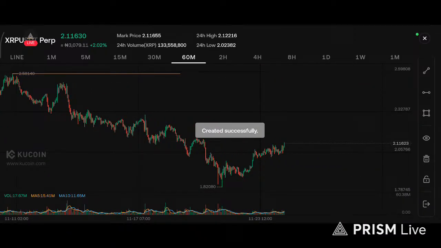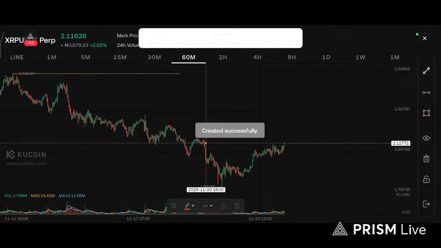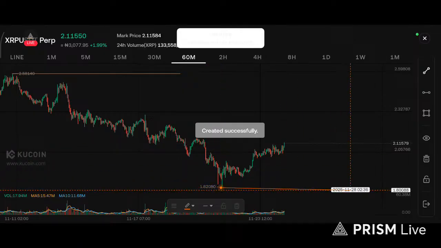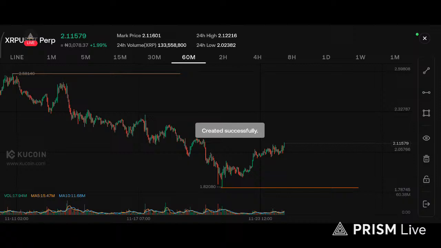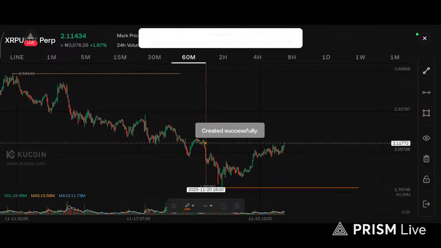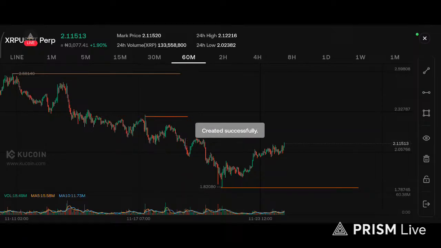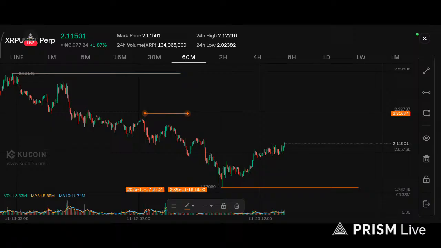That is my external liquidity. There's also an external liquidity over here. This is internal liquidity, right? This is external liquidity. Let me zoom it for you guys.